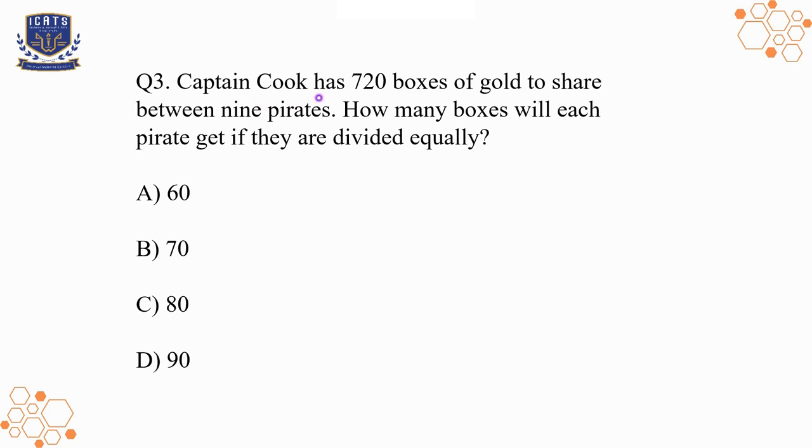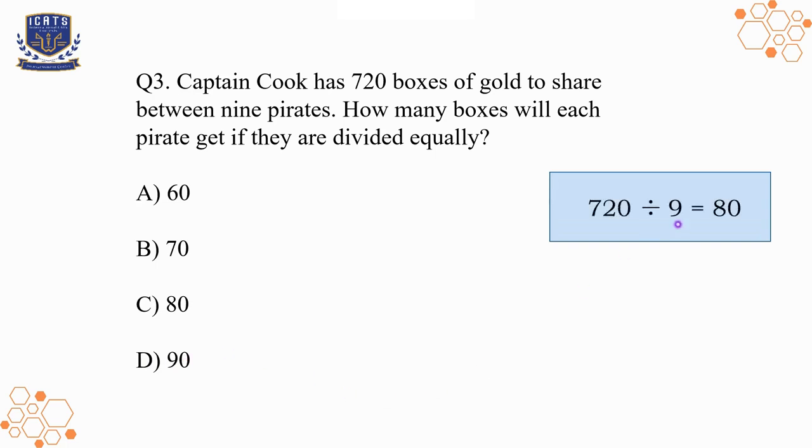Question number 3, Captain Cook has 720 boxes of gold to share between 9 pirates. How many boxes will each pirate get if they are divided equally? Option A is 60, option B is 70, option C is 80 and option D is 90. It's a question of division: we have to divide 720 boxes of gold among 9 pirates.